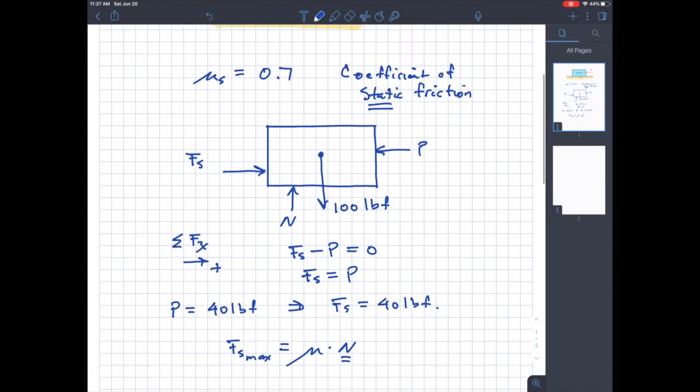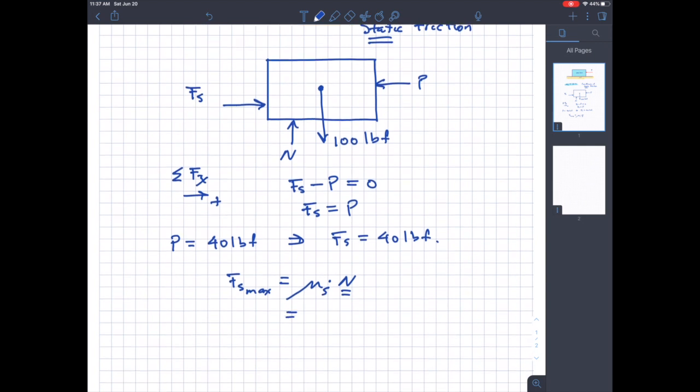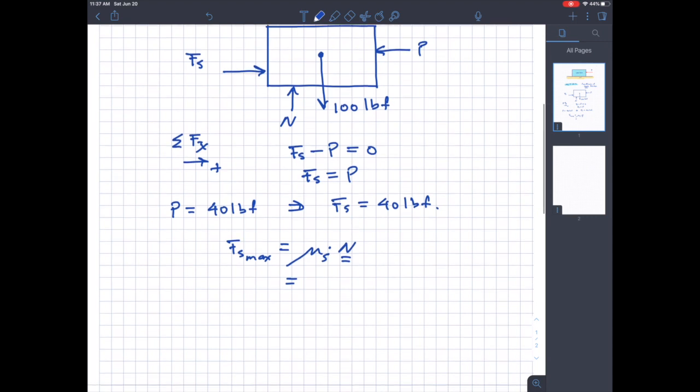All right, so I gave this in the problem statement that the coefficient of static friction in this case, I put an S on it, mu s, is 0.7. So that tells me the maximum force that could be generated here. All right, so what is N? We know from sum of forces in the y direction equal to 0, where up is positive, that N is equal to the weight. All right, and we know that the weight is 100-pound force.